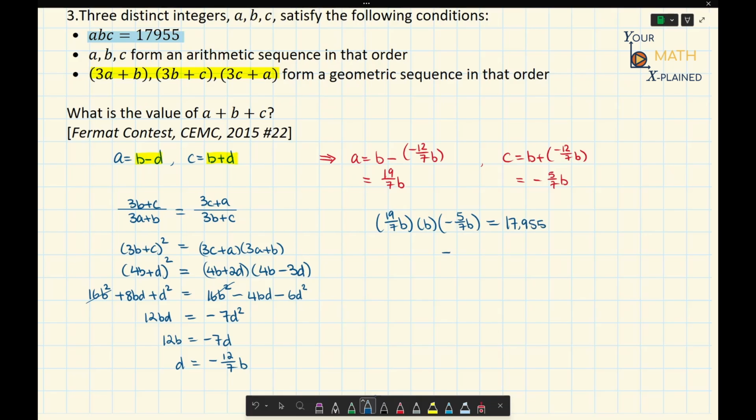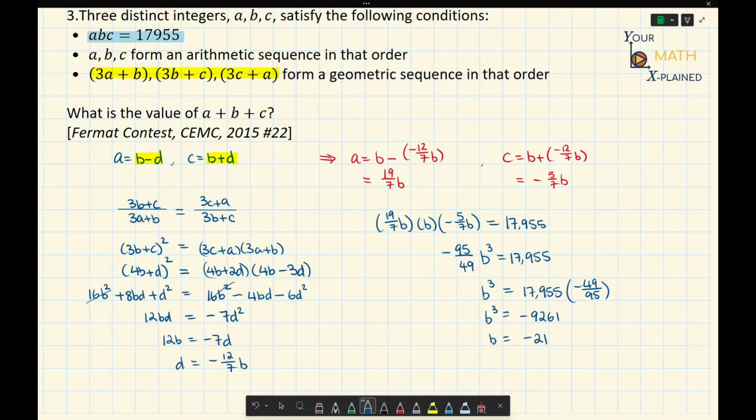So that means we get negative 95 over 49 times b cubed is equal to 17,955. Isolating b cubed gives us b cubed is equal to 17,955 times negative 49 over 95. And the right side evaluates to negative 9,261, which happens to be a perfect cube, so b is equal to negative 21.